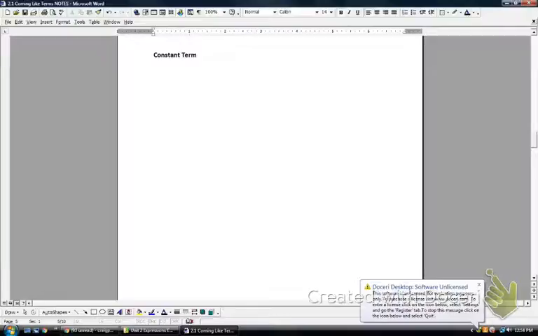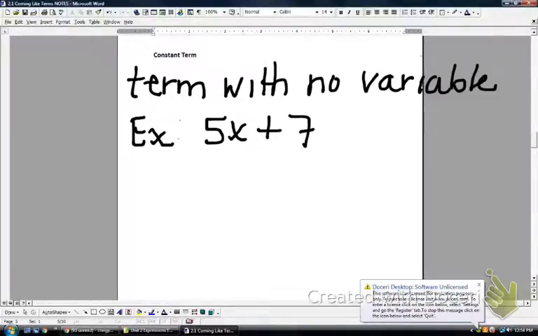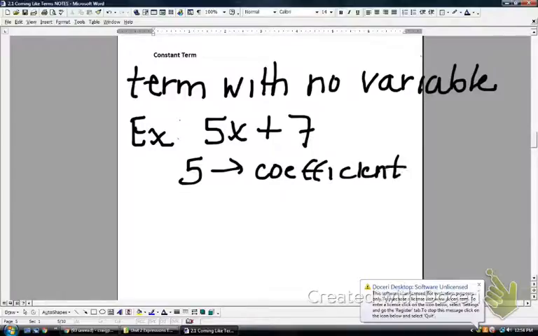And a constant is a term with no variable. So in this example, we have 5x plus 7. 5 is the coefficient. It's attached to the variable, it's being multiplied by the variable, and 7 is our constant.